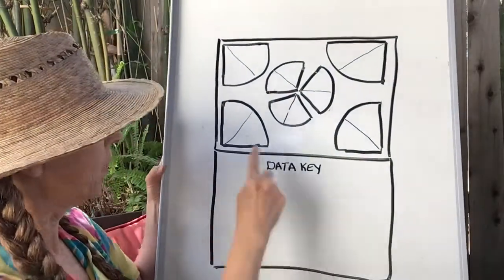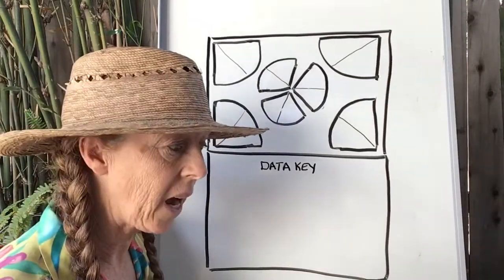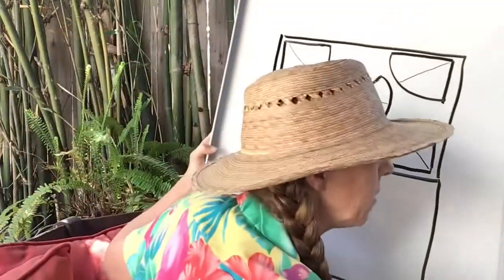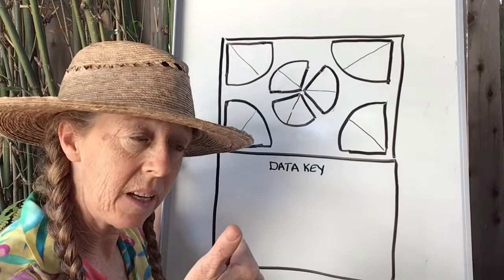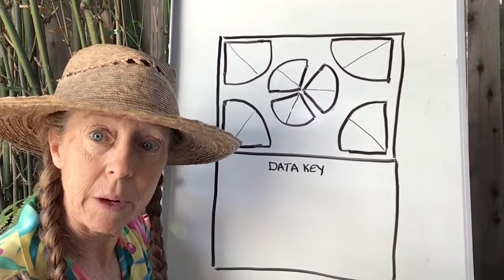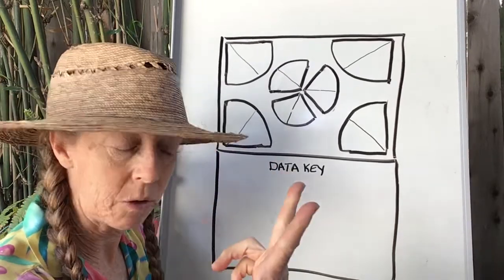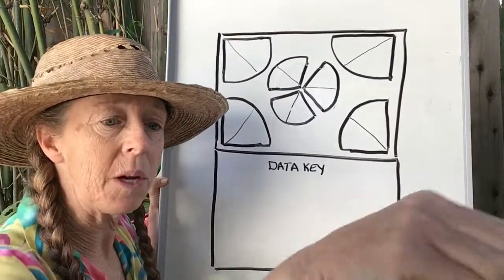I've got my first breakfast here, and if I look back at my data chart, I ate three things for breakfast. It was an egg, sausage, and mushroom scramble. So that's three things: egg, sausage, mushroom. I'm going to split my breakfast into three parts.